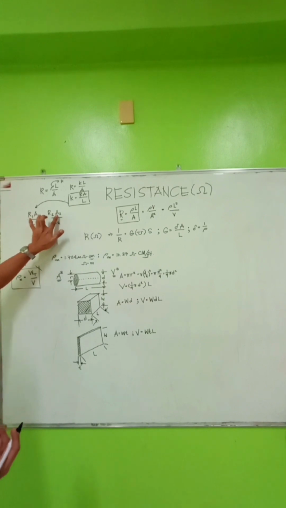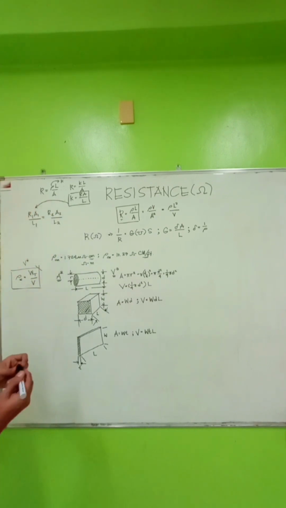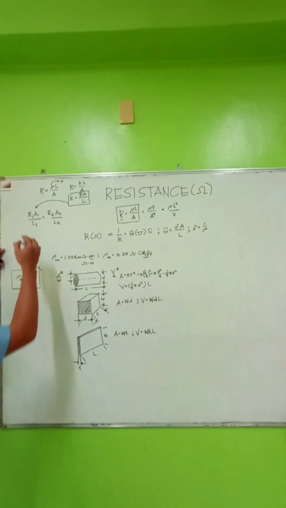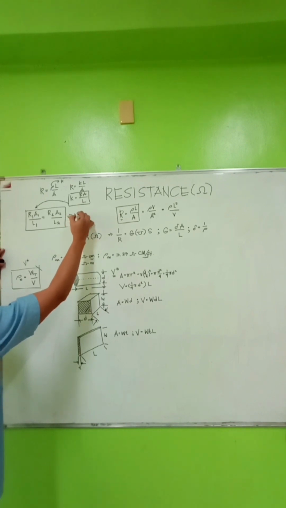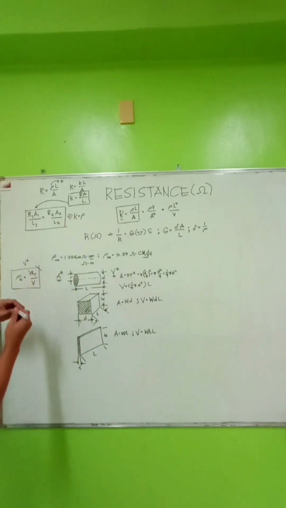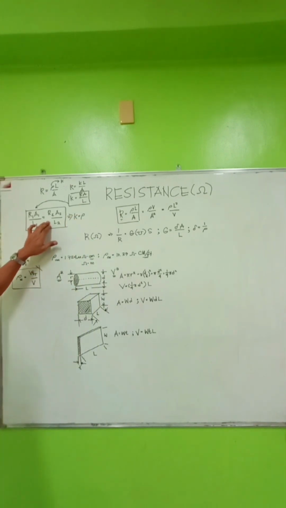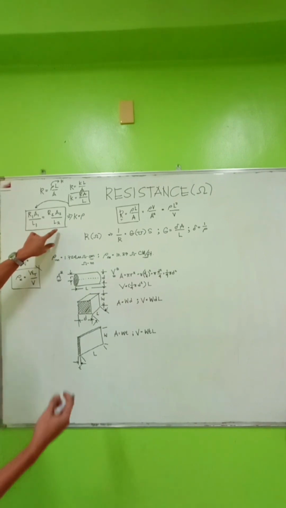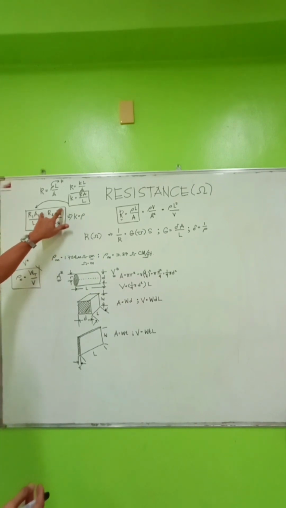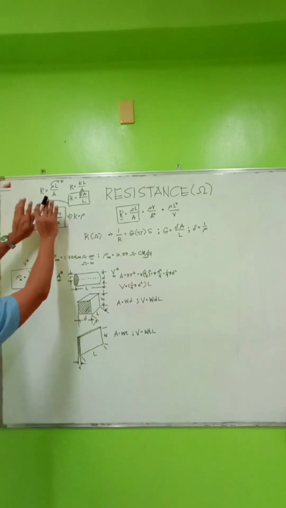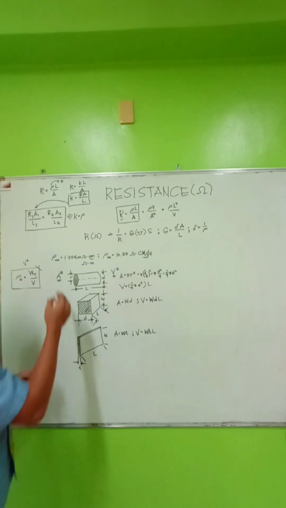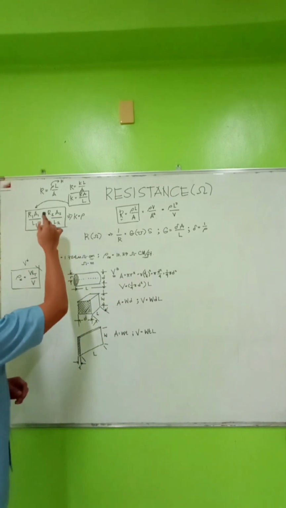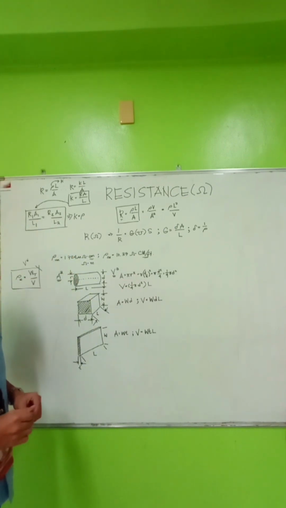Okay? So deal with your cross-sectional area properly. And if you're using this formula, where K is the resistivity, make sure you eliminate the units properly. Both sides should have the same units for you to eliminate both sides properly.